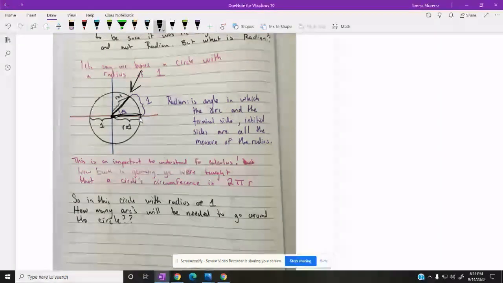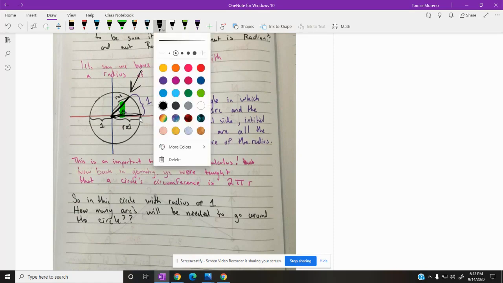So now we have this new angle right here. Let me highlight it so you guys can see it. That new angle theta is actually a radian. Now, how do we know it's a radian? This is how we know.